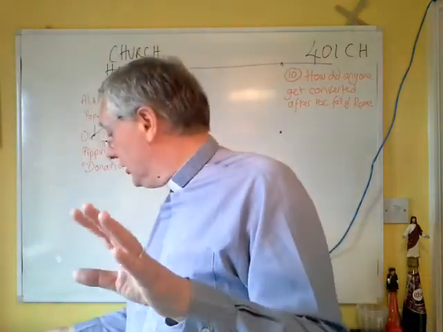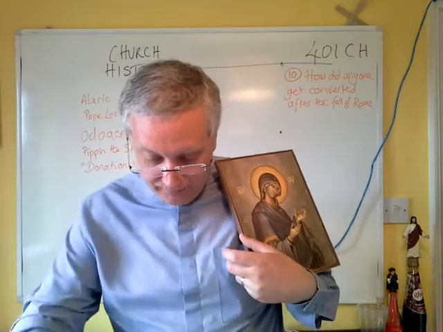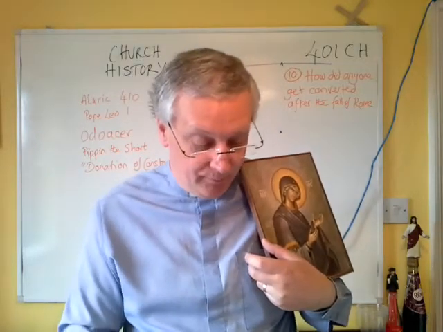Now, let's just have a little moment to look at some icons, and have a pause at this point to do that. There's long since been a tradition and an art in putting icons together, but the key person you're looking for here is John of Damascus, John Mansur of Damascus.